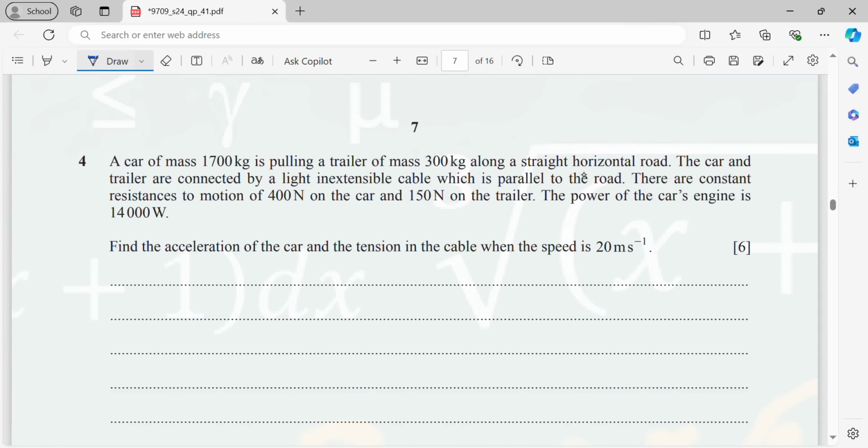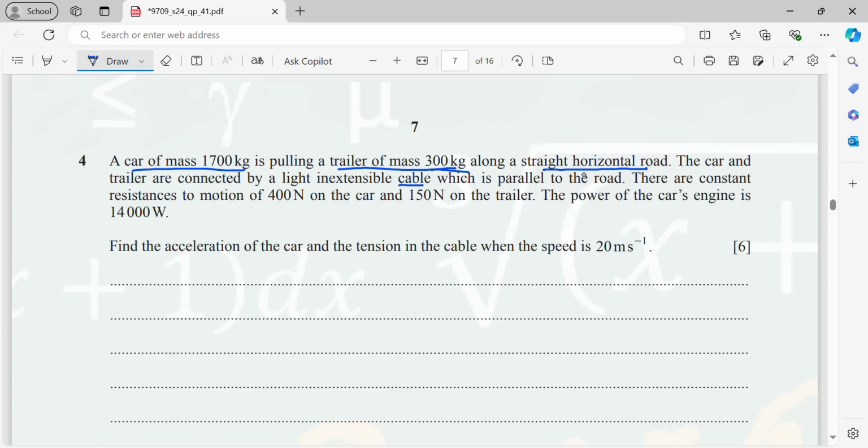Okay, now for question number 4. A car of mass 1,700 kilograms is pulling a trailer of mass 300 kilograms, along a straight horizontal route. The car and trailer are connected by a light inextensible cable which is parallel to the route.